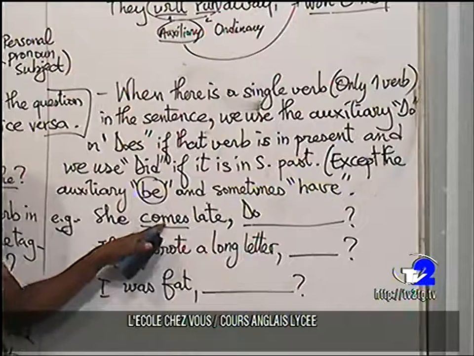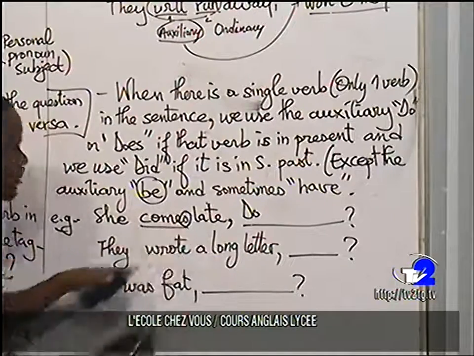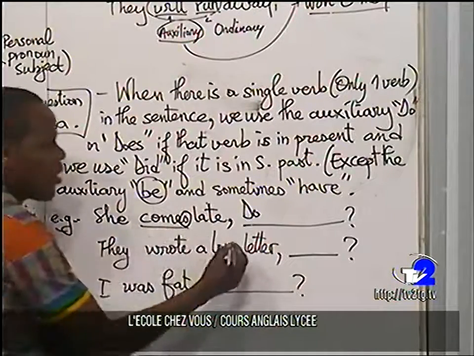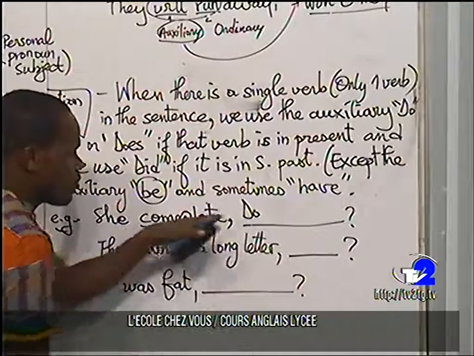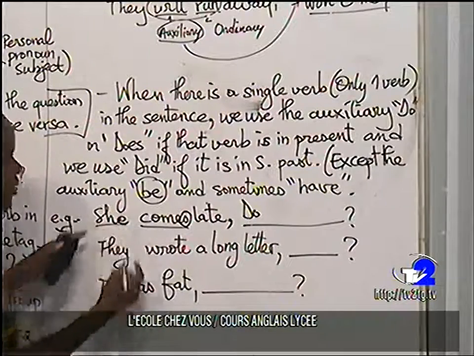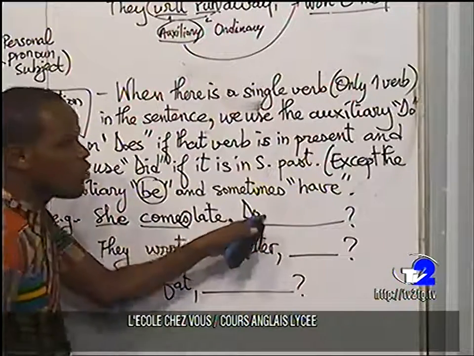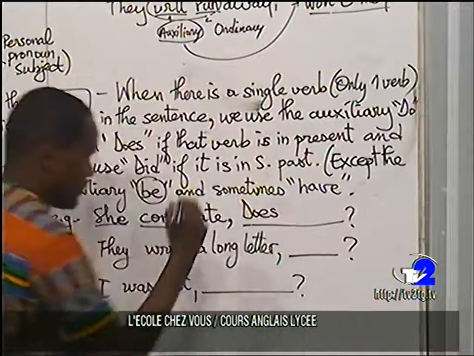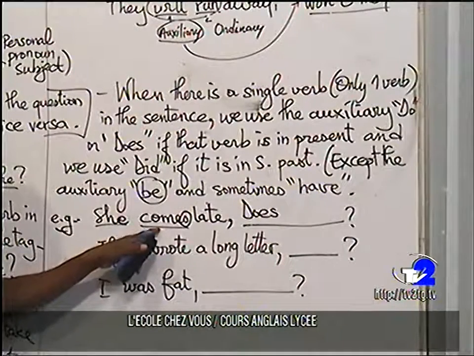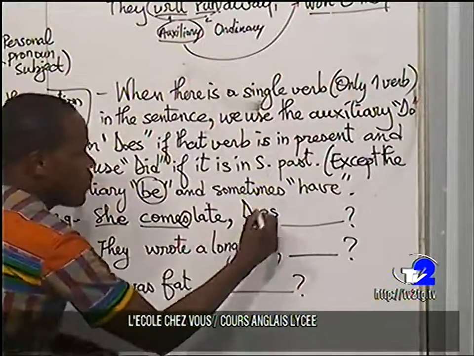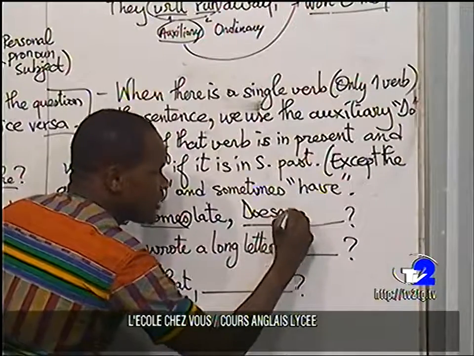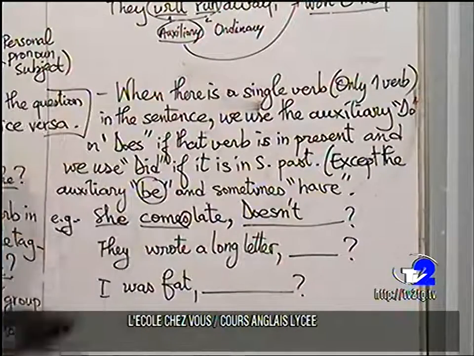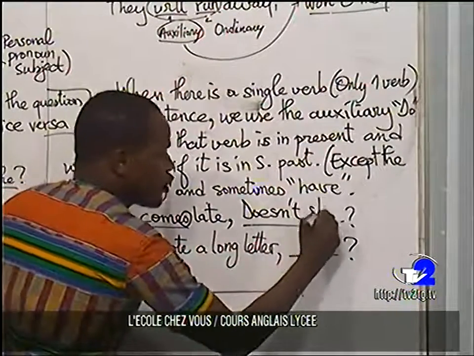Because the verb is in simple present, because of S. Now, the subject is she, but we cannot say she do. We say she does. That's why we must add es. The sentence is in positive form, so the question tag should be negative, doesn't, followed by the subject she.